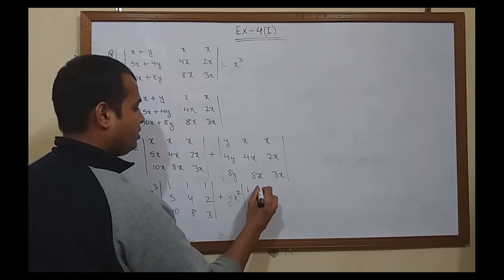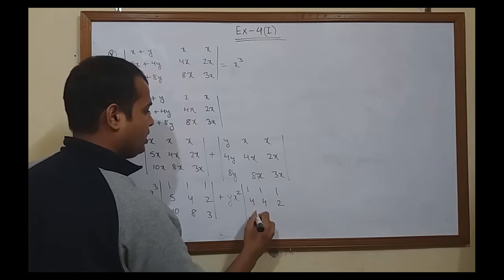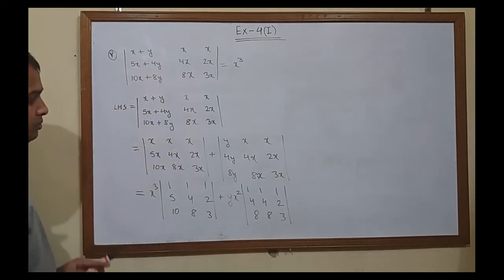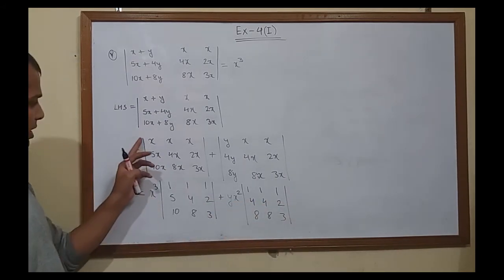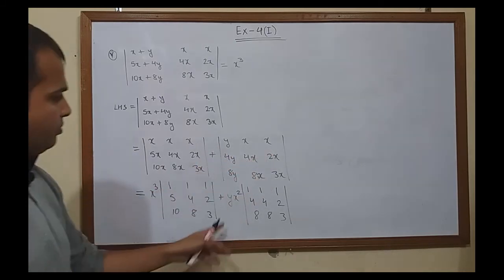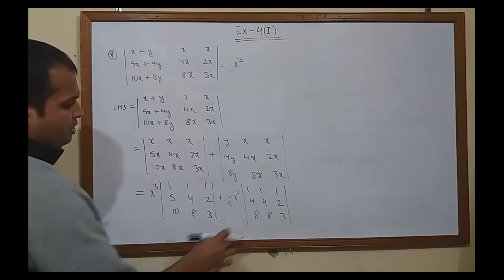So here 1 1 1, 4 4 2, 8 8 3. We don't have to write it, it's understood that you have taken out x common from each row, and y and x have come out from the first, second, third columns respectively.